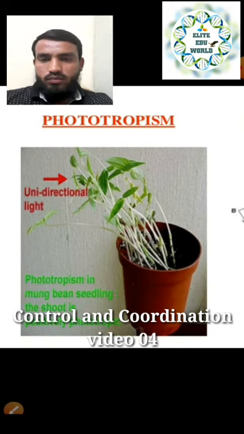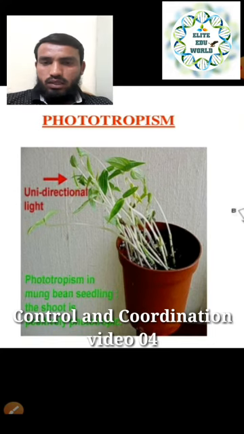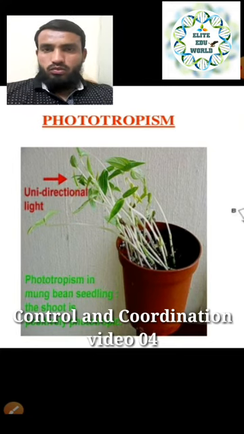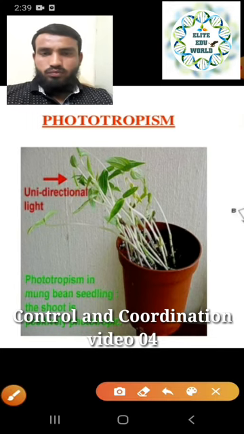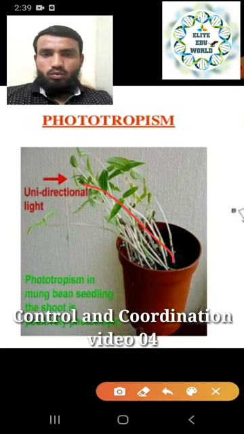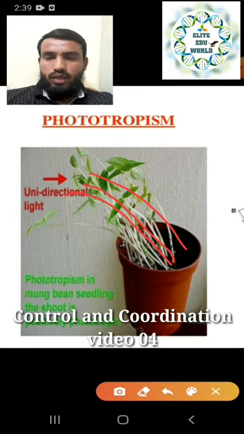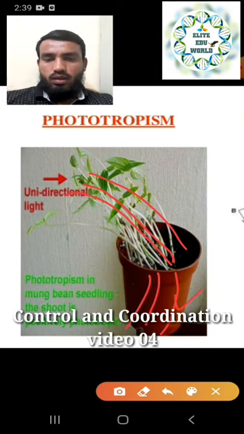In the seedling of a moong bean, the shoot is positively phototropic. This movement of the shoot is a positive movement for phototropism, because they are growing toward the sunlight. And the movement of the roots, you can say that is a negative phototropism.